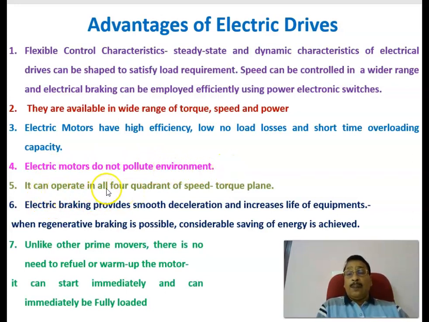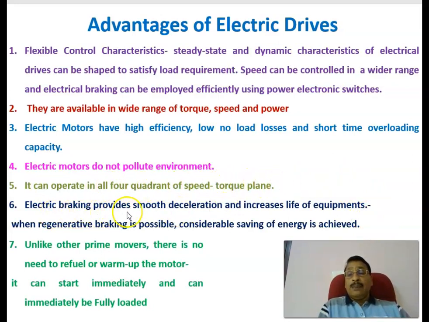Then it can operate in all four quadrants of the speed torque plane. That is, it can be operated in forward motoring, first quadrant; second, forward regeneration; third, reverse motoring; fourth, reverse regeneration. All four quadrant operation is possible in the case of electric motors.